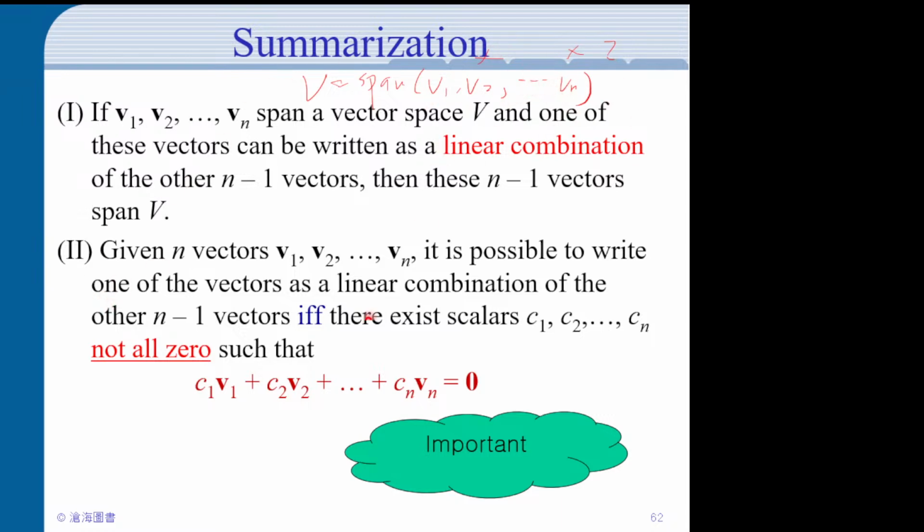From this characterization you see that they are either linear dependent or linear independent. And if it's linear dependent, you can get a smaller spanning set. So the minimal spanning set must have linear independent v's. Okay.